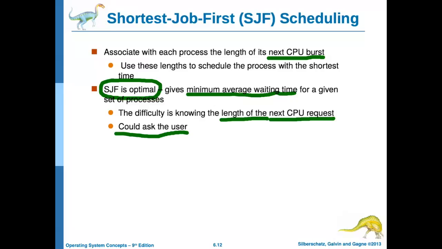And if it is a really huge prime number, you need to divide up to the square root of that number. In that case, how do you decide the CPU burst time? So that is the practical difficulty in knowing the length of the next CPU burst. So this is shortest job first scheduling.